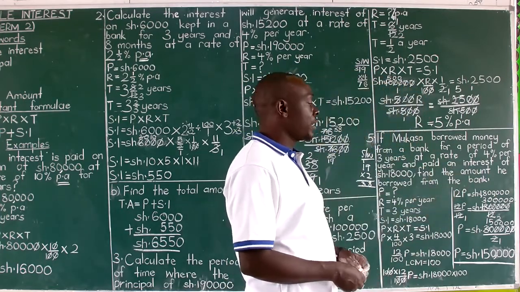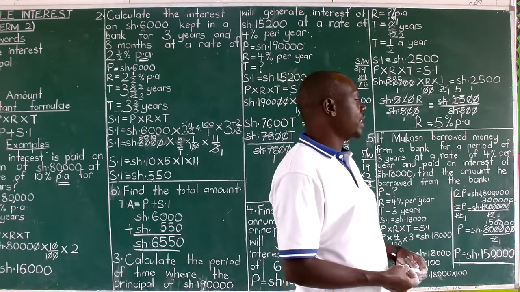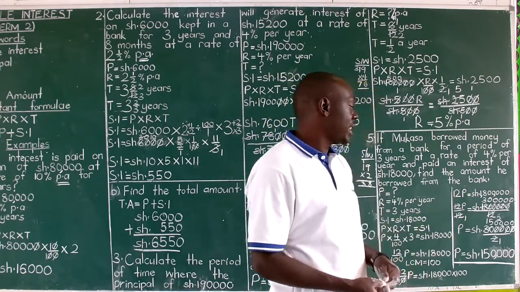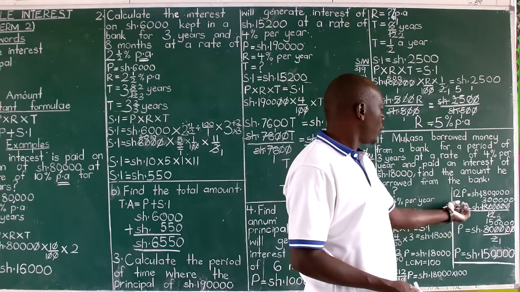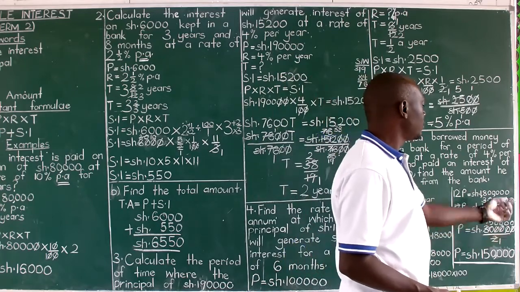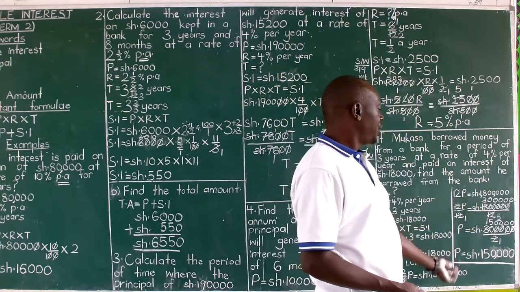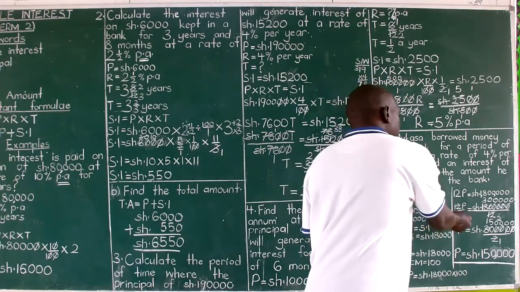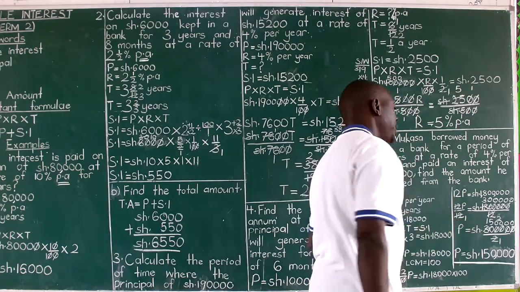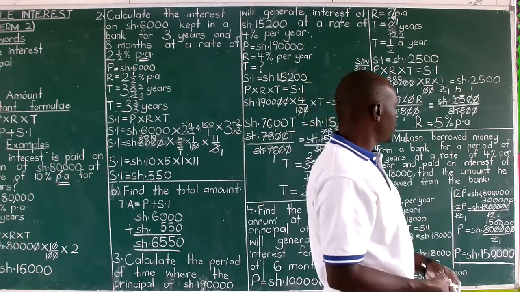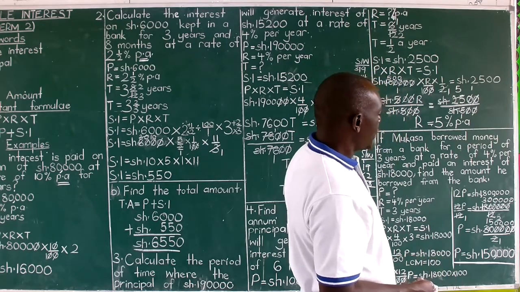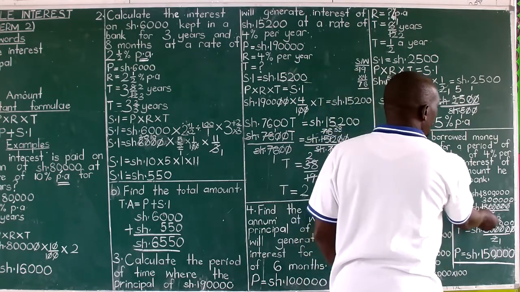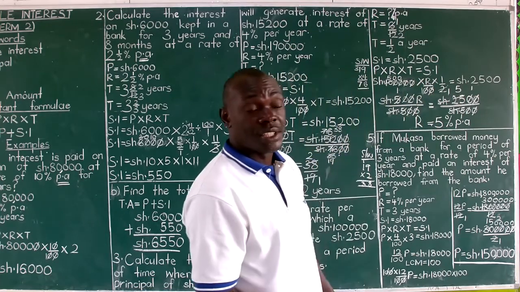But these are still 12P. 12 must leave P, called the principal. How does it leave? By division of either side by 12. So 12P divided by 12 gets P, and 1,800,000 shillings divided by 12. We divide by 12 once, remain with P called principal, and now start our cancellations. 18 and 12 are both divisible by 6.